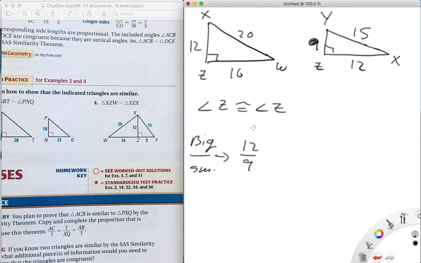Or actually, my bad, XZ over YZ must be proportional to ZW over ZX. So that's going to be 12 to 9 must be equal to 16 to 12.